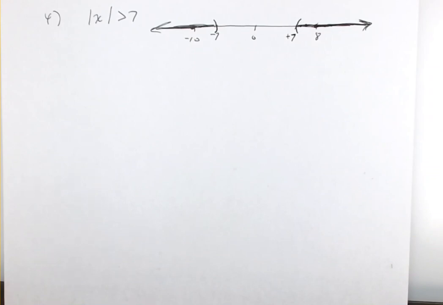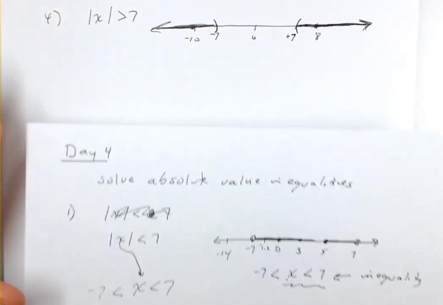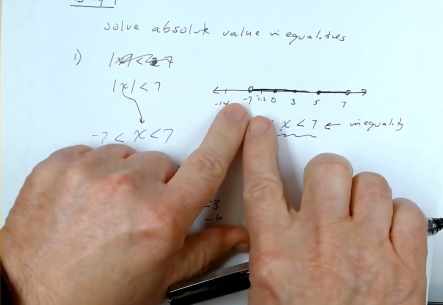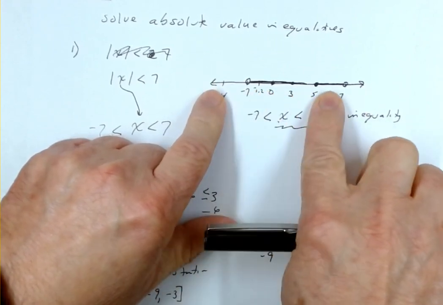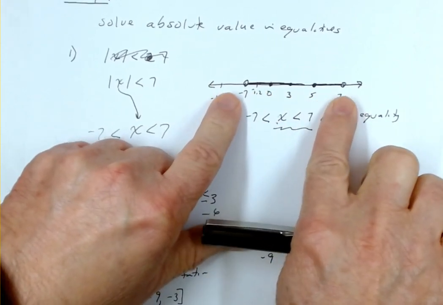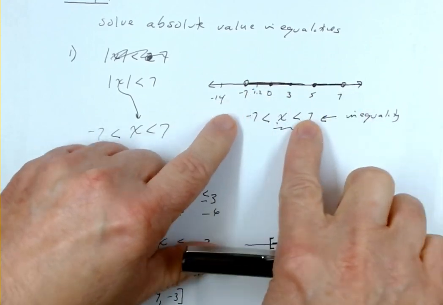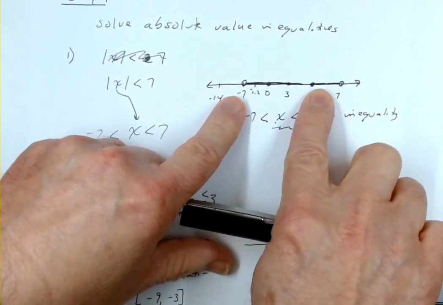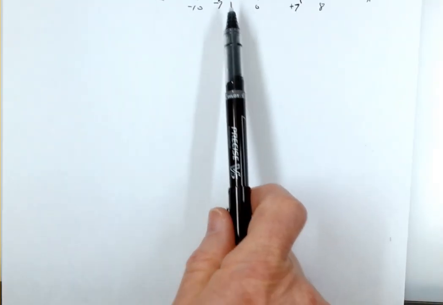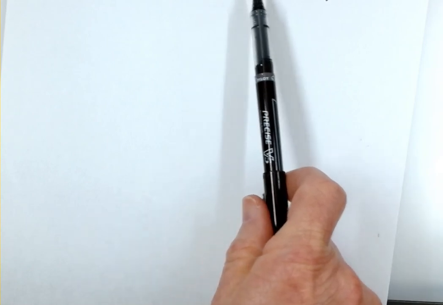notice that when we did less than, there was a lower bound and an upper bound, and all the solutions were between them, right? You saw one interval, correct? One set. Over here, when you go from left to right, you see an interval here, and you see an interval here, don't you?